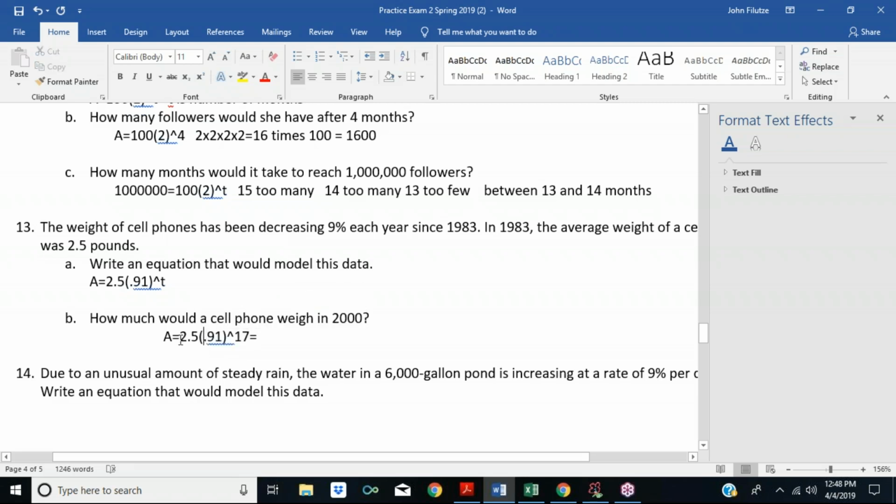If you have a scientific calculator, you should be able to type that in just like that. Actually, you would type it in like this: 2.5 times 0.91, and then you'd hit the button that is like a y to the x button or something like that. Y to the x, and then you'd type in 17.